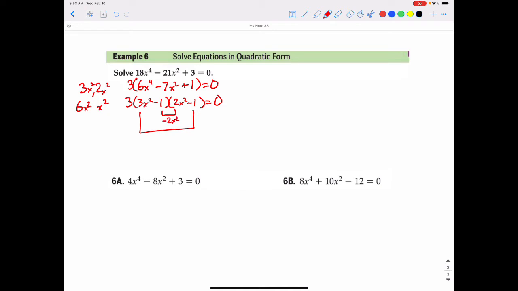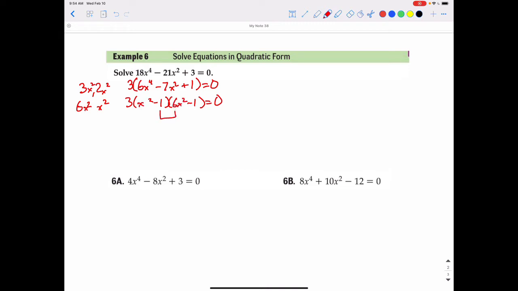You get negative 2x squared and negative 3x squared, and that's not going to work because that adds up to negative 5x squared. So 2x squared and 3x squared actually doesn't work. We should use 6x squared and x squared. So I'll place in x squared and 6x squared.